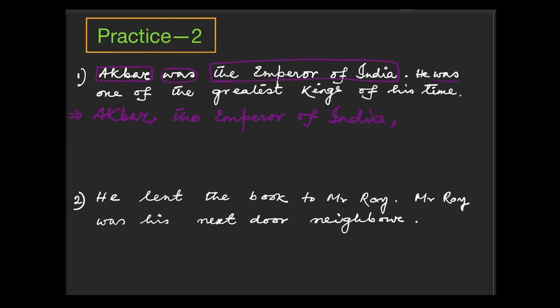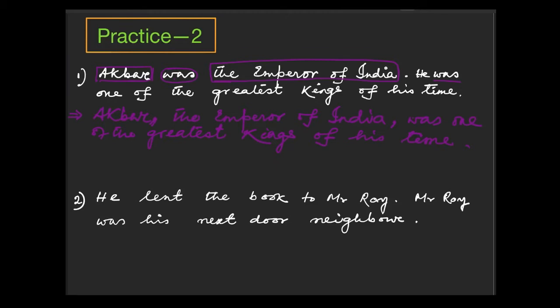Take from this part: was one of the greatest kings of his time. Akbar, comma, the emperor of India, comma, was one of the greatest kings of his time. This is the answer to the first question.